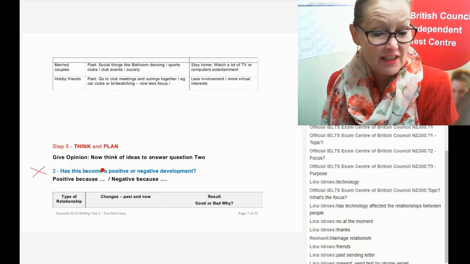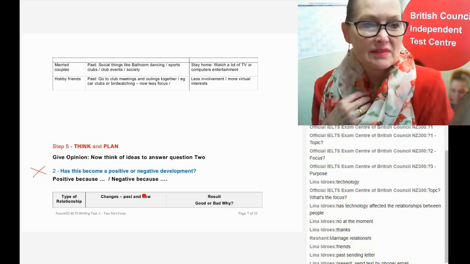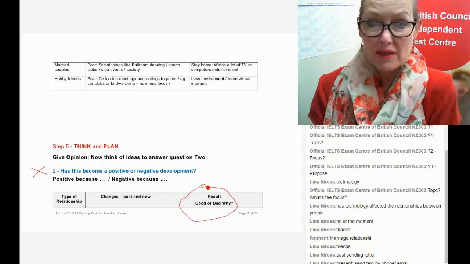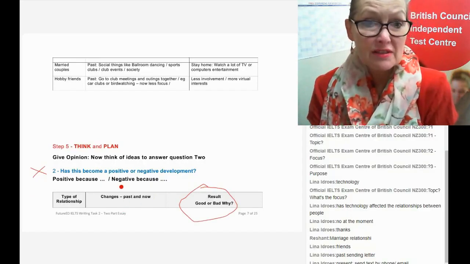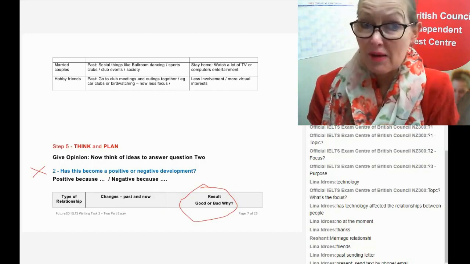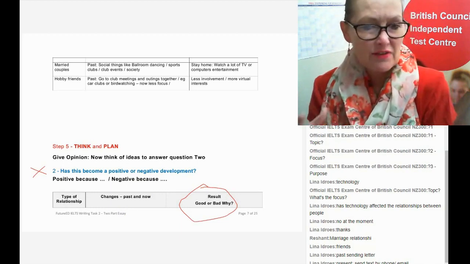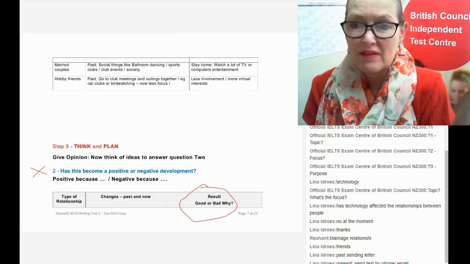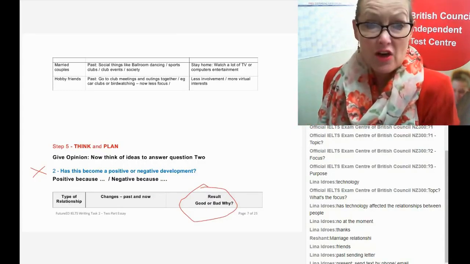Let's have a look at another kind of relationship. Right at the top. Yes, we mentioned married couples. What did they do in the past? Well, in my culture, they may have done ballroom dancing, or they may have gone to sports clubs and club events. And they had a lot of society. They had gatherings and they had parties and social events. And now I think more people may tend to stay home.